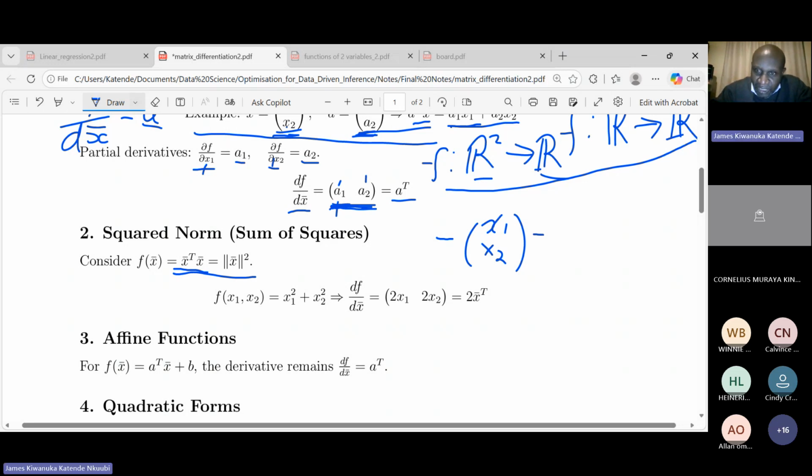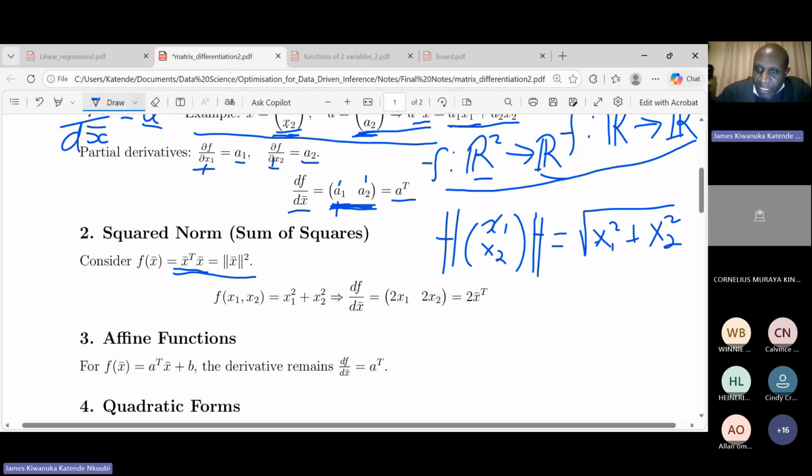So if you get the norm of this, remember it's simply the dot product of the vector with itself. And under the standard norm that we've been using, the true norm, or the L2 norm, if you like, it will simply be given by the square root of x1 squared plus x2 squared.